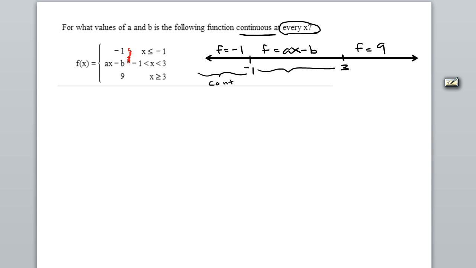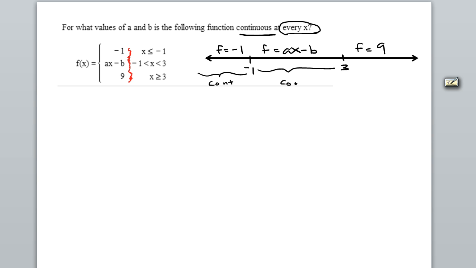There should be some kind of additional separation between the function and where the function is defined at. So that isn't ax minus b minus 1. That is just ax minus b. Okay. Great.